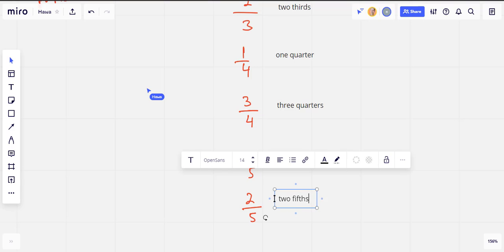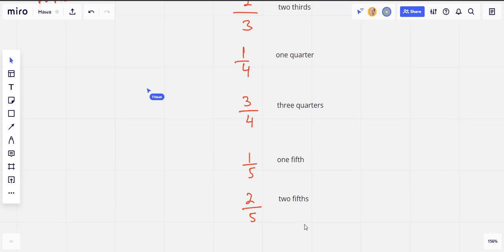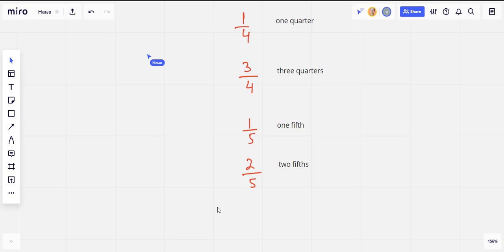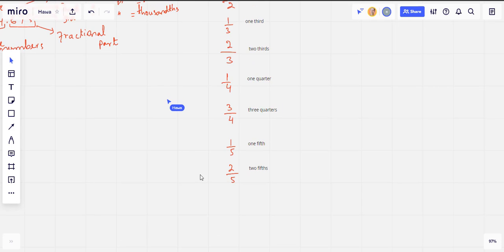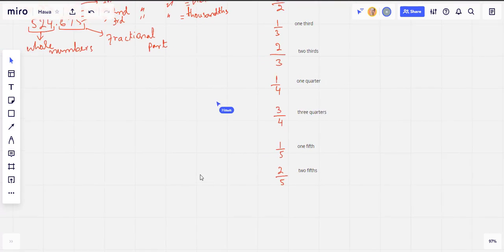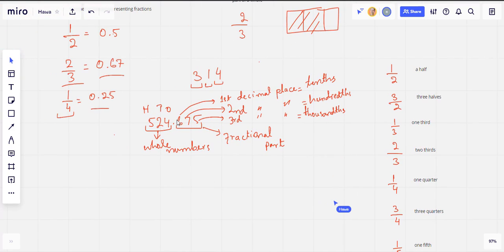That's how you make the plural here, fifths. It could be anything, whatever the denominator is, you just need to add the th at the end. Like sixths, sevenths, eighths, ninths, tenths, hundredths and thousandths, and so on.